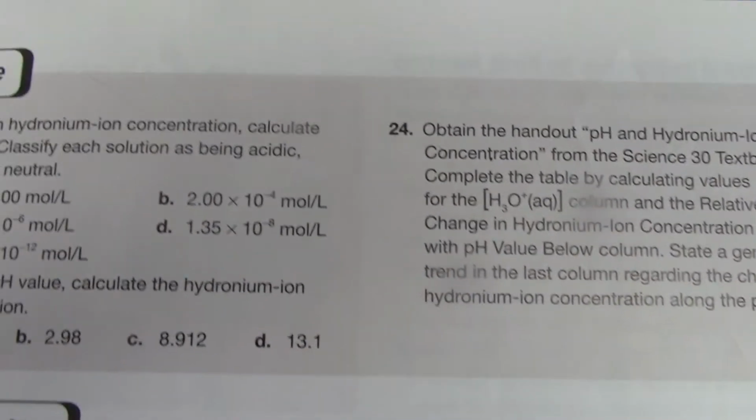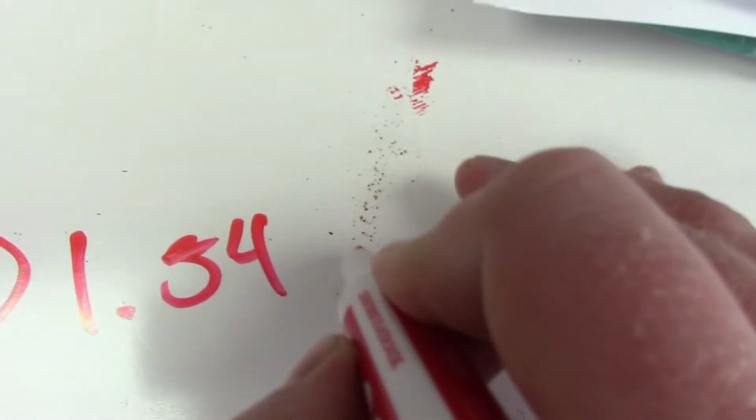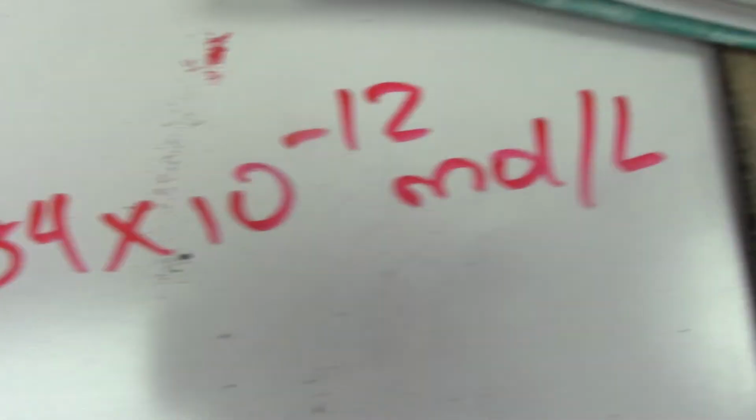Let's use a different strategy with the next question here. You have A, B, C, D, and E, and I'm going to do E. E is 1.54 times 10 to the negative 12 moles per liter of H3O+.